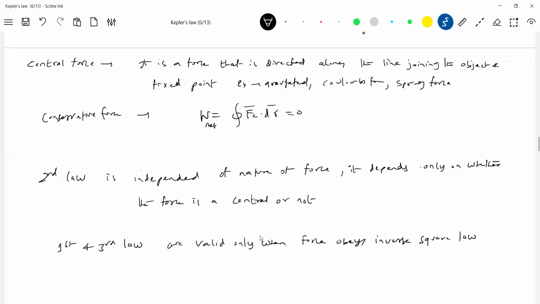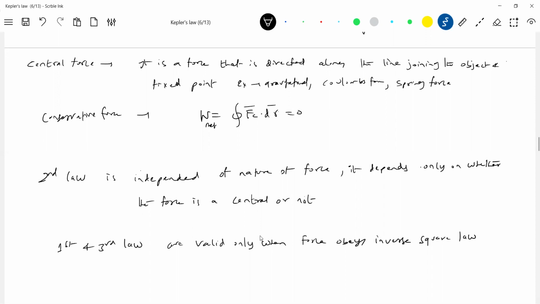Because the gravitational force obeys the inverse square law. Finished. What I did, that only I'm concluding here. Please, these are not big things. If you make a keen observation of that mathematics, this is the conclusion. I'm not bothered whether F is proportional to R, 1 by R, or 1 by R square. Irrespective of that, for the second law, only whether the force is central or not will determine.